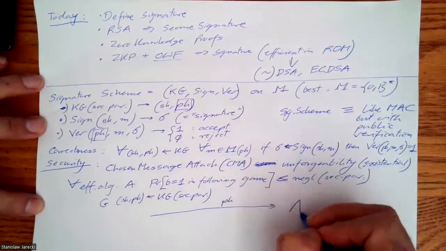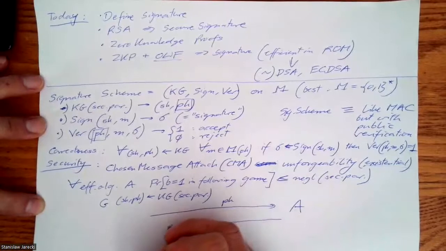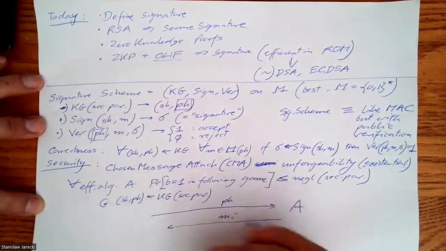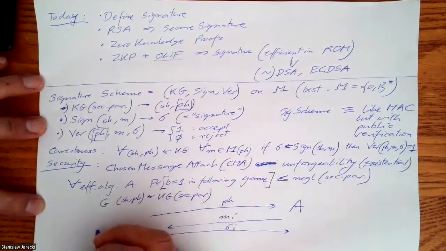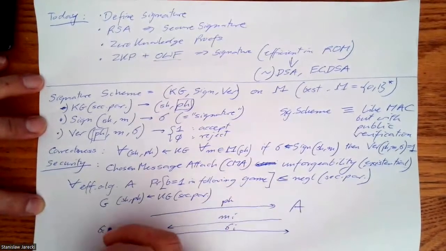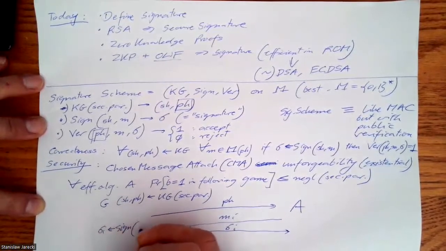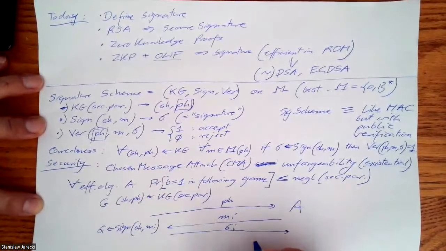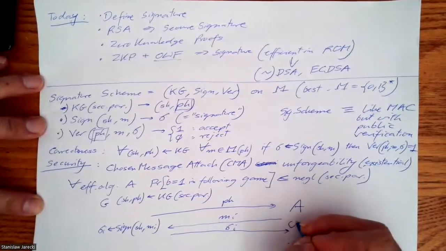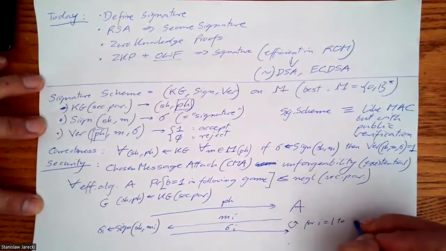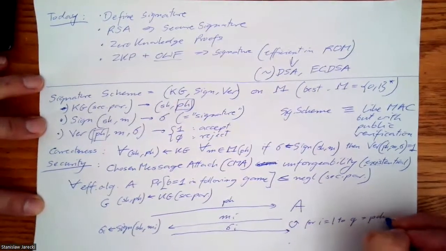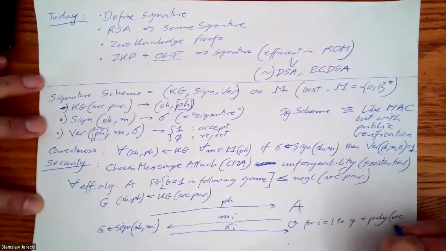The attacker asks, please sign the following message, any message of his choice, and what he gets back is a signature. So every time he asks for the signing of anything, we generate a signature using the sign algorithm and return it to him. And he can repeat that, right? So this goes for i equals 1 to Q, which is polynomial in the security parameter.